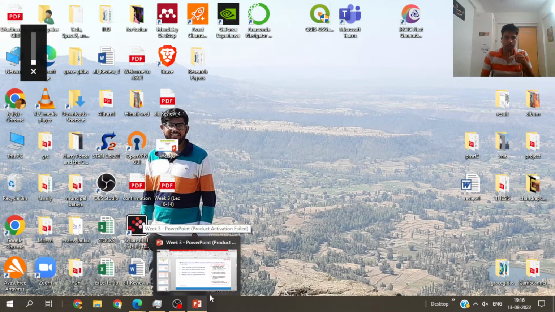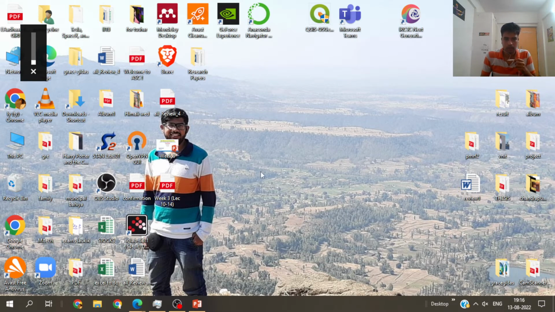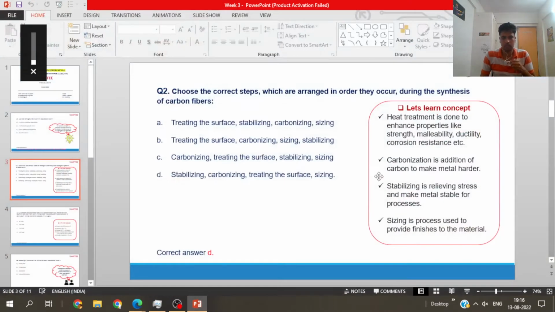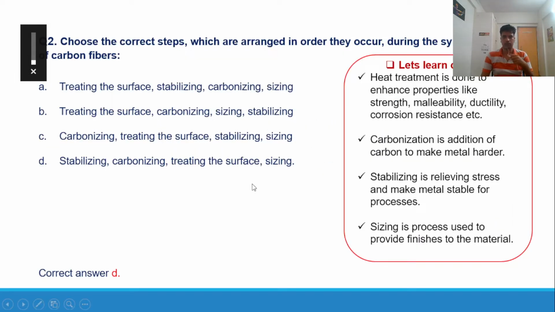Oh, it's not working today. We'll have to check something. Okay. So the next question is choose the correct steps which are arranged in order they occur. Okay. So during the synthesis of carbon fibers.